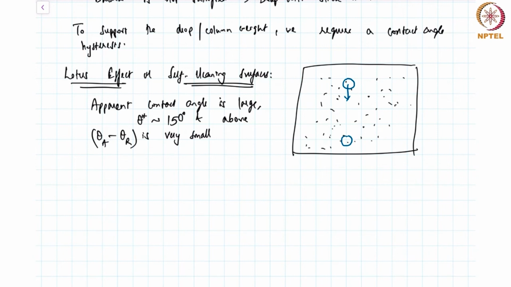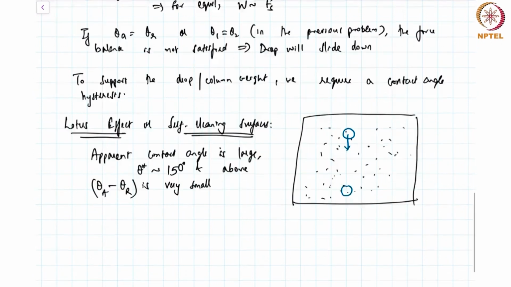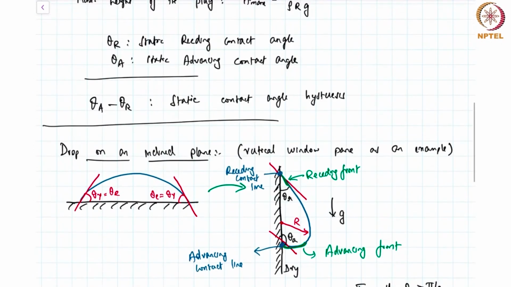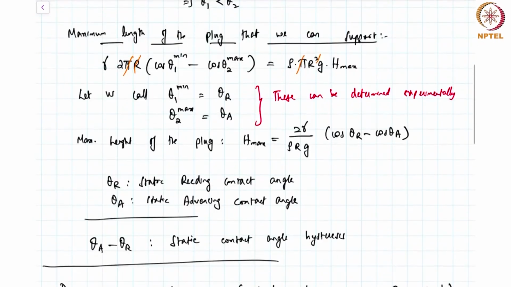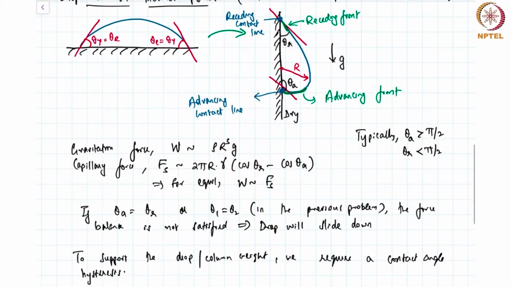So on those surfaces you hardly see any difference between these angles theta A and theta R, and this immediately suggests that if you look at the force balance, cos theta R minus cos theta A will be practically very small. So the capillary force is very small, and there is no other force to resist gravity, and therefore the drop will start moving, right?